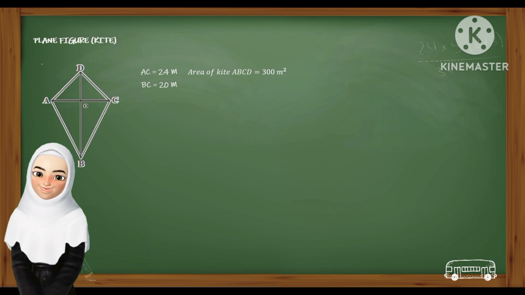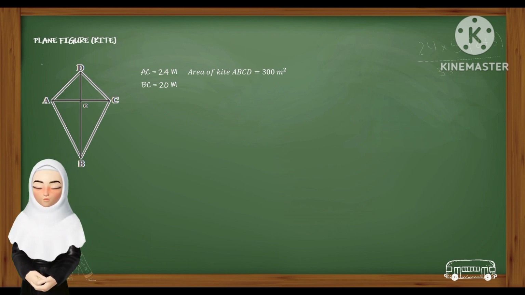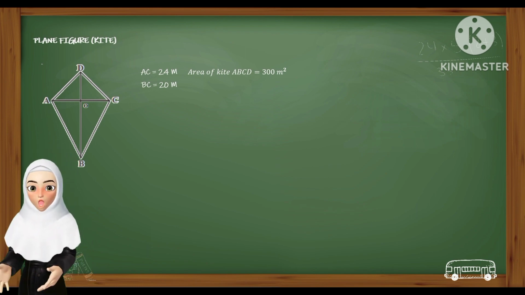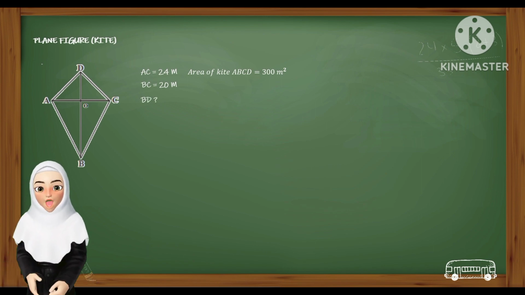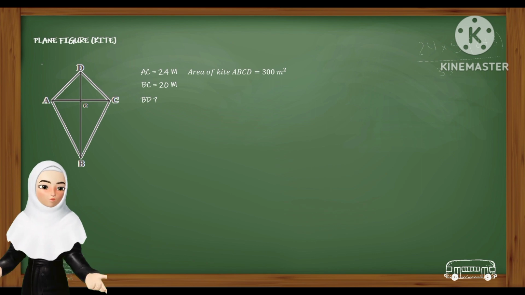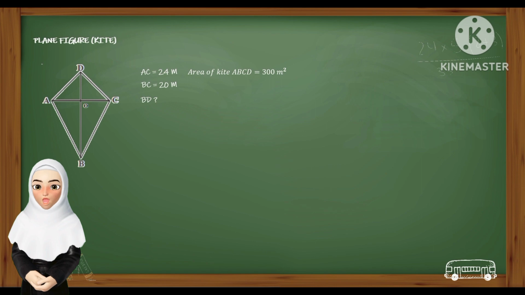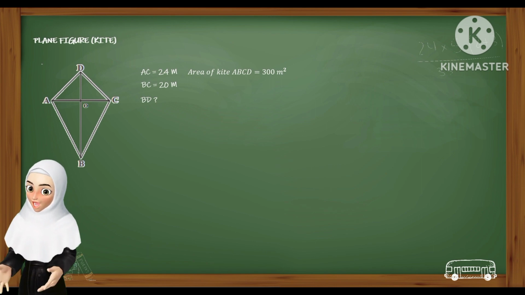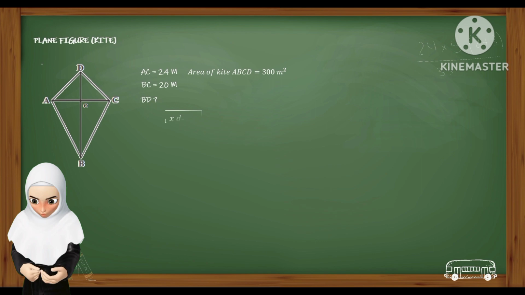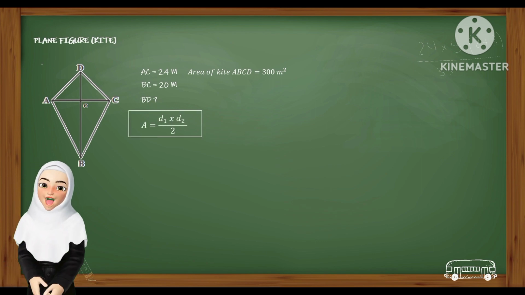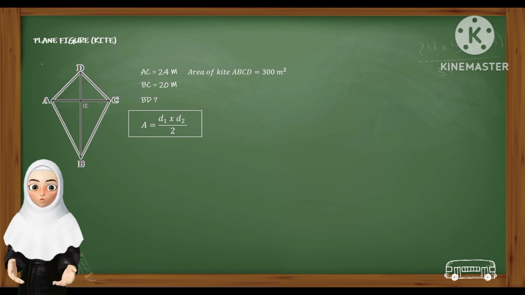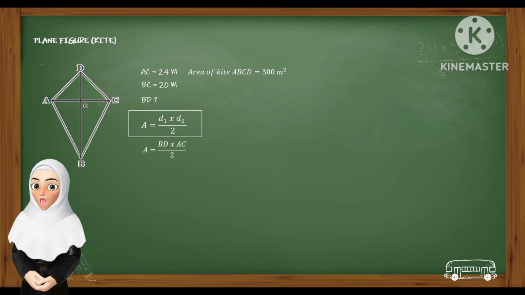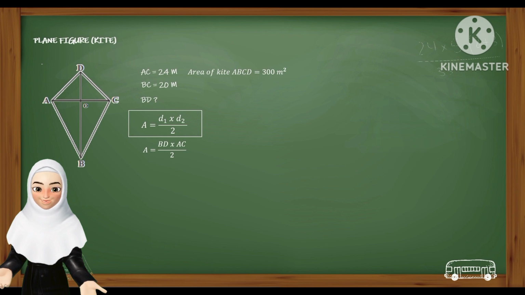First of all, we have to find the side length of AD. But to find the length of side AD, we must know the length of side BD by using the formula for the area of the kite. As we have studied before, to find the area of a kite, we can use the formula: first diagonal times second diagonal divided by 2, or we can write BD times AC divided by 2.